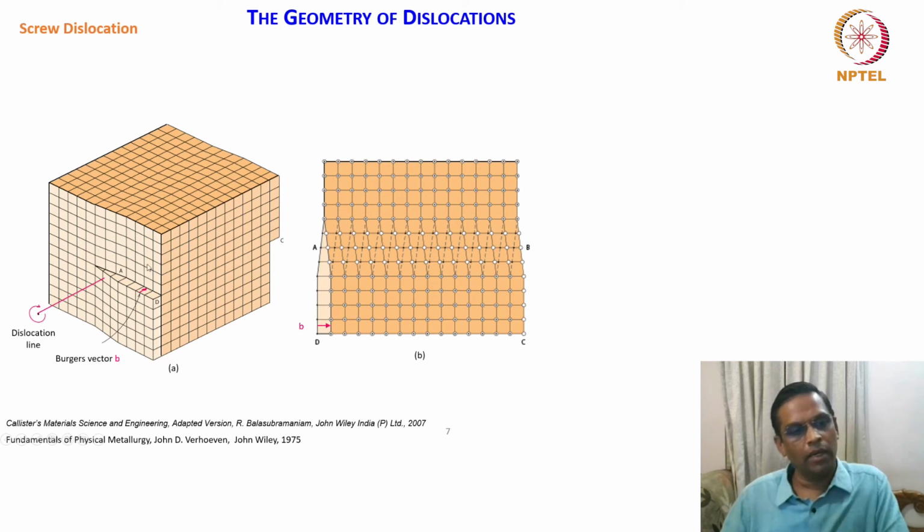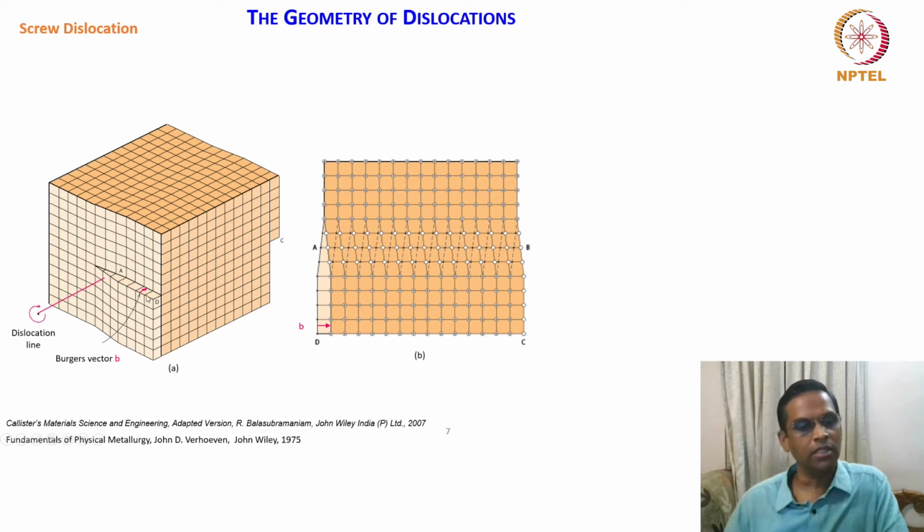As the name implies, the crystal block has got displaced in a kind of screw axis here. I will explain this in a much simpler way in a couple of slides.